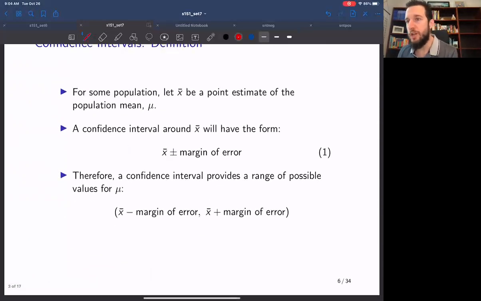So the most general definition of a confidence interval is given in equation 1. So it's basically a point estimate. So for example, X bar plus or minus what we call the margin of error.